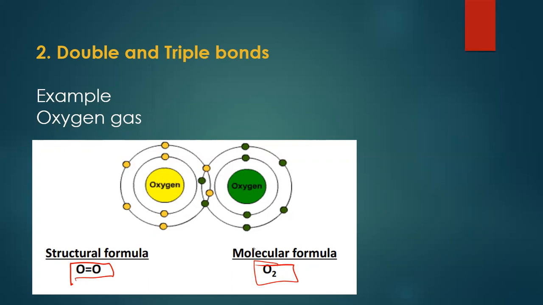So whenever you hear a question in chemistry or anywhere else, if they say a molecule of oxygen, just know that when finding the molar mass, you have to consider 2 atoms of oxygen.